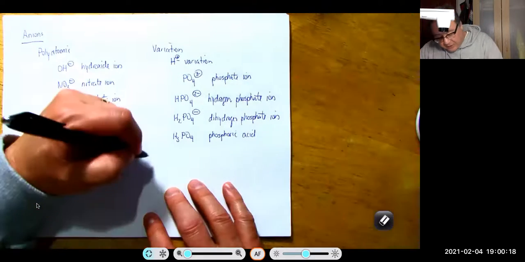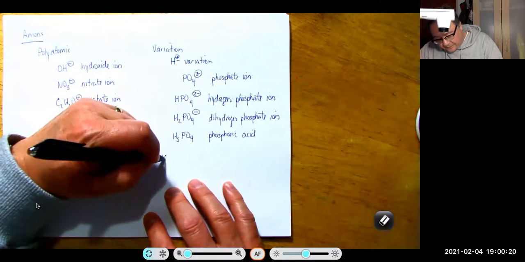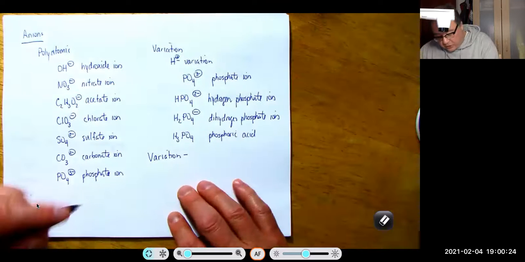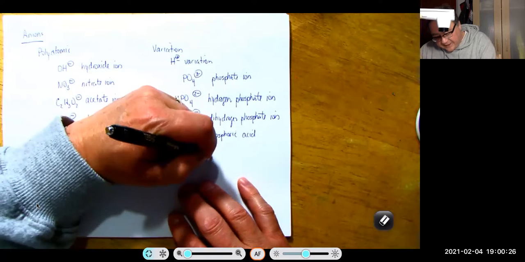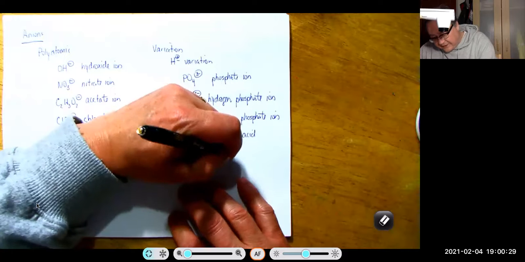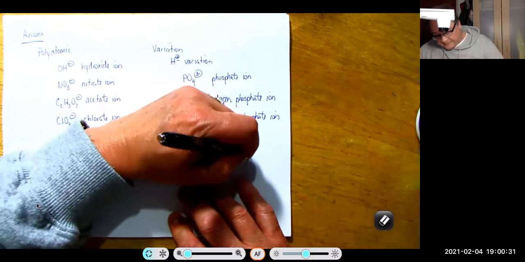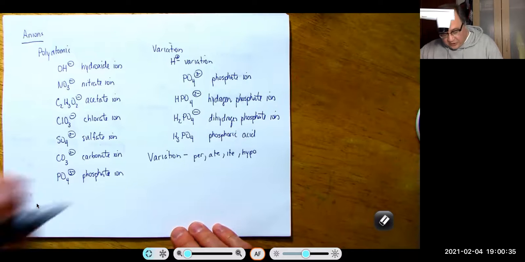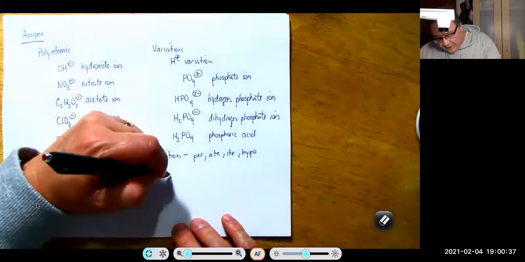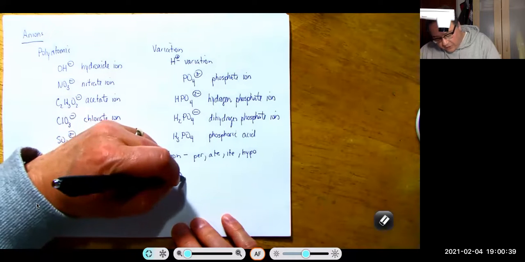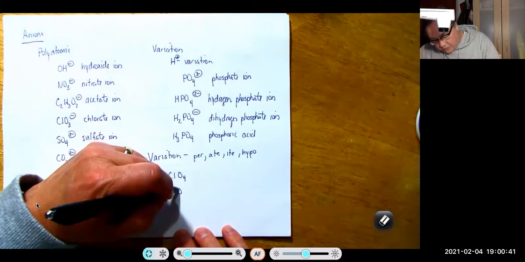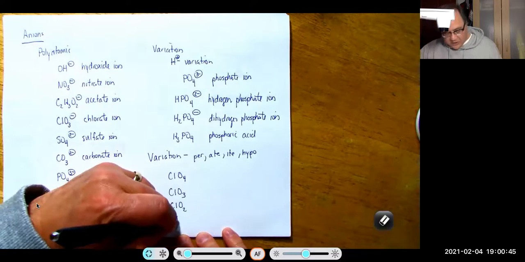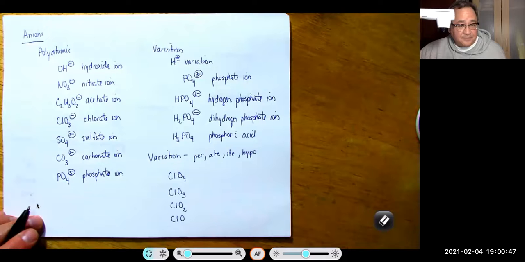The other variation I want to show you is what I call the per-ate-ite-hypo variation. So I'm going to write ClO4, ClO3, ClO2, and ClO as a list here.